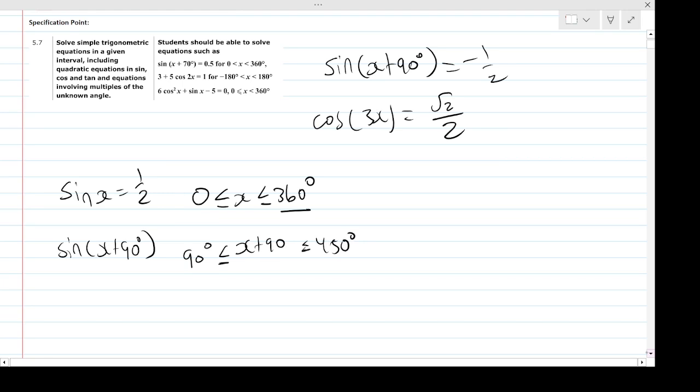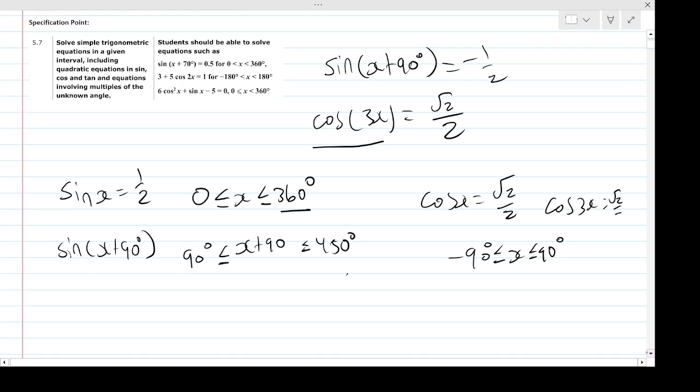If we solve it in the usual way, we then need to find the range of values that are in this new interval. Say for example we had cos of 3x, say we were to solve cos 3x is root 2 over 2, where x is between minus 90 and positive 90 degrees.